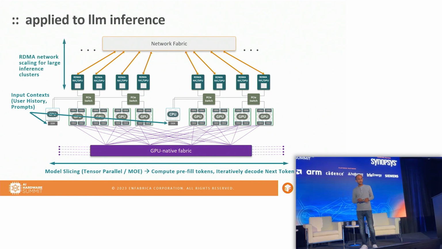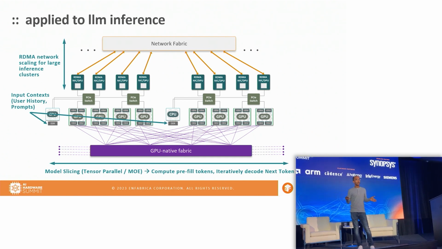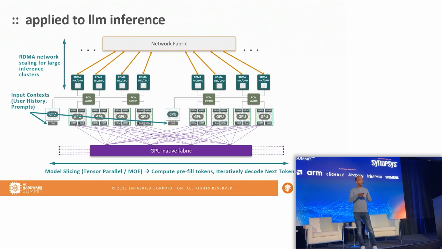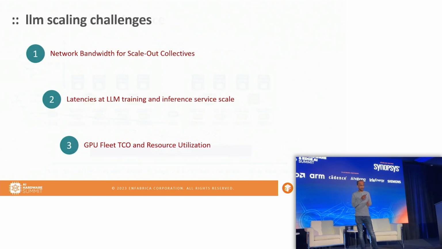And then there typically exists this RDMA network scaling, primarily for large inference clusters. This is a byproduct of the fact that they are not built on islands, and so that RDMA scaling dimension gives the ability for multiple systems to talk to each other. Although today in inference, you could argue that it does not have as much density of communication as it does in training.